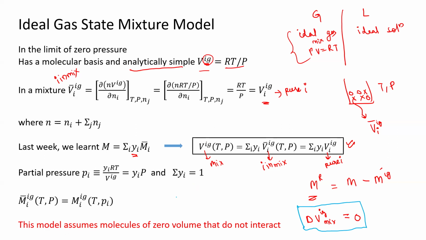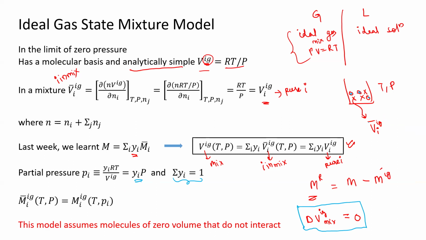So here, using this molar fraction, we define a partial pressure which is equal to RT by V_i^IG into y_i. Okay, this y_iP, and this sigma y_i equals 1. Also, one has to know that, as I said, for example, this is one molecule, blue color, and another one, this red cross.